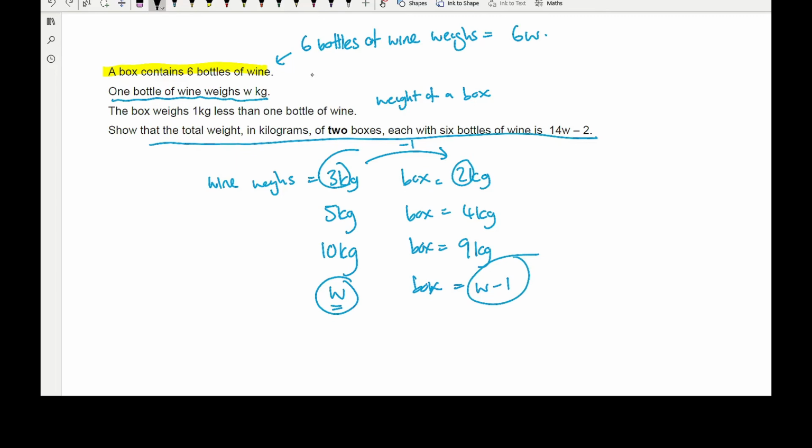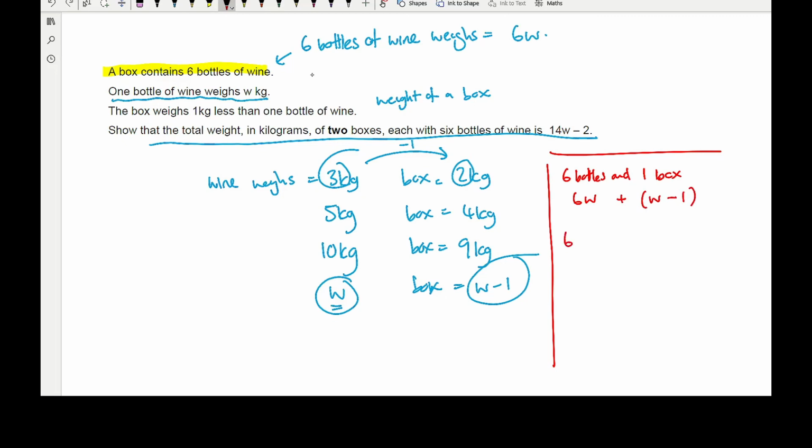Now I know that one bottle of wine weighs W, a box weighs W minus 1, I can now go on to work out an expression for this scenario. So going back, I'll leave this on the screen just so it makes a bit of sense. Here I've got 6 bottles of wine and 1 box. So 6 bottles is going to be 6W plus 1 box is going to be W minus 1. Now that's 1 box, but I've also got another box which has also got 6 bottles and 1 box. So again, I've got 6W plus W minus 1.